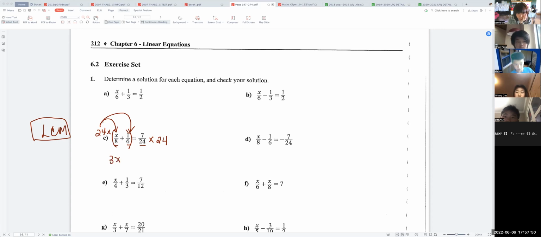Very good. 24 times 1 over 6 equals what? 4. Very good. So 7 over 24 times 24 equals what? 7. Okay, so what is the answer? So 3x equals 7 minus 4 equals 3. So x equals 1. Get it, everybody? So number D, please do it yourself. Send it to me by the end.